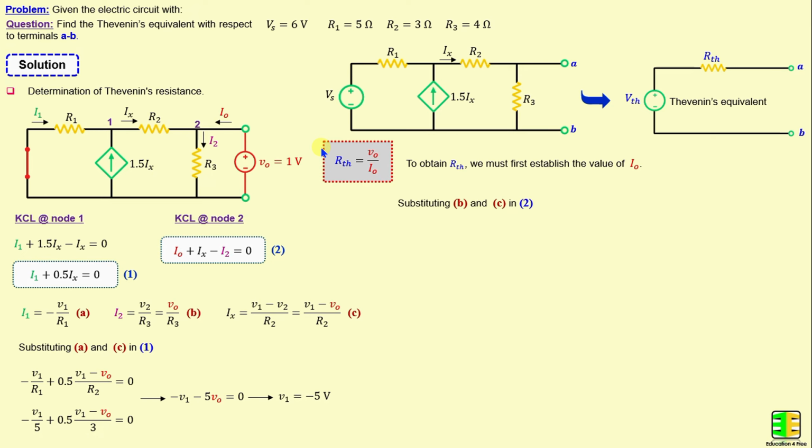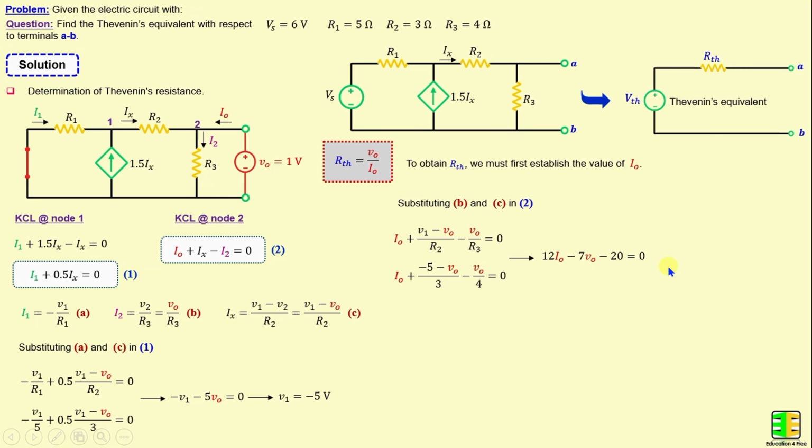And now, by substituting B and C in 2, we can write IO plus V1 minus V2 over R2 minus VO over R3 is equal to 0. And if we replace the resistors with their numerical values and we continue simplifying this equation, we obtain 12 times IO minus 7 times VO minus 20 is equal to 0.